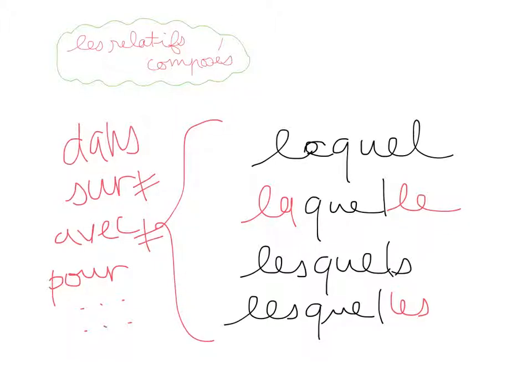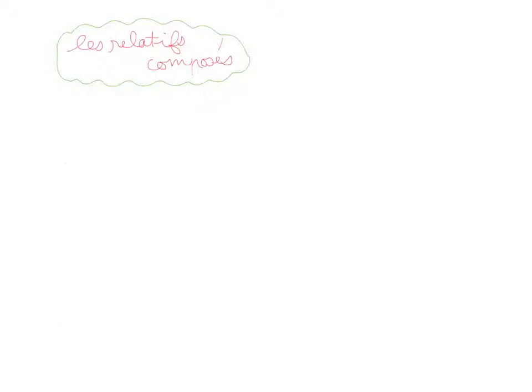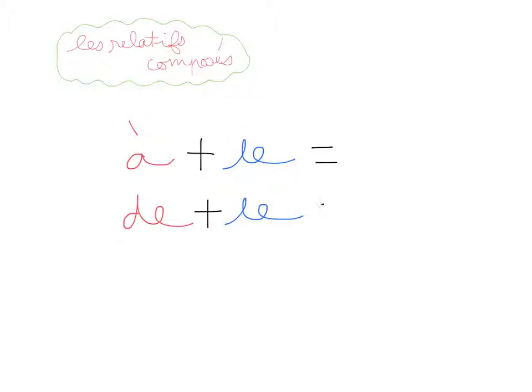Why? Because when you use them, they will be affixed directly to the word. Let me show you. So, if I use à and de, this is a different story. Why? Because when using à and de, the two words combine with le to give you au and du.